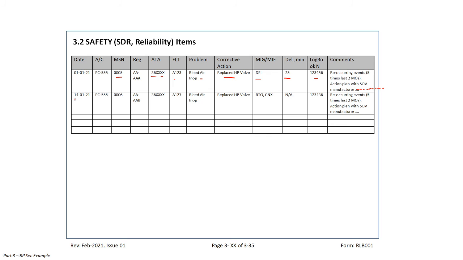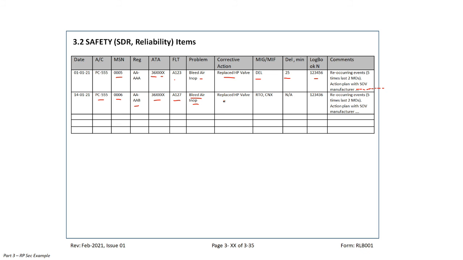Second, date 14 January 2021. Aircraft model here, MSN number 06, registration, whatever number it is, 88, again, 36. Flight number 127, different. Bleed air in op, it is here, right?